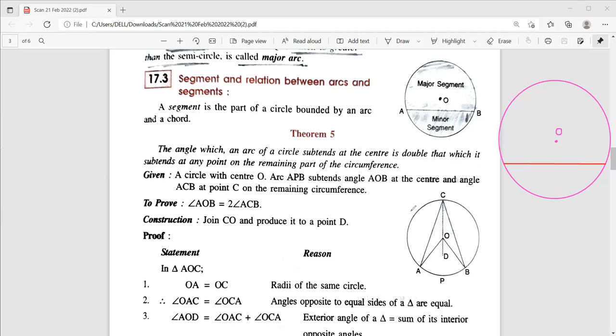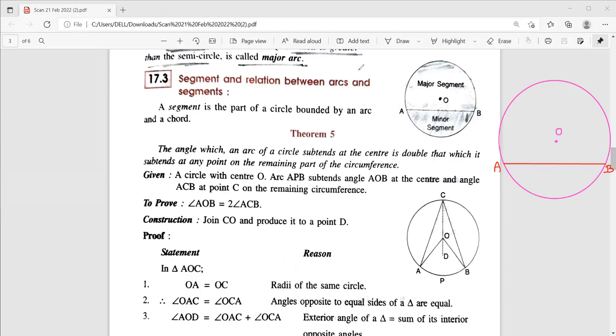And what is a segment? A segment is the part of the circle bounded by arc and chord. It is bounded by arc and chord. So as such, when you say a segment, remember it's a region. So here, if I say chord as AB, you can check AB as a chord. Then the part of the circle which is bounded by chord and arc is the segment.